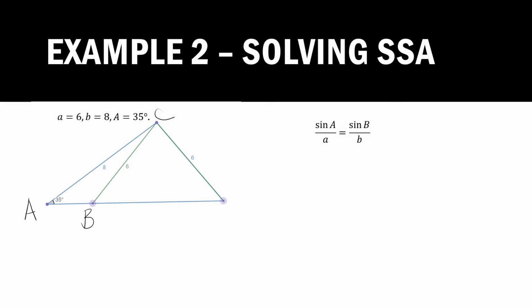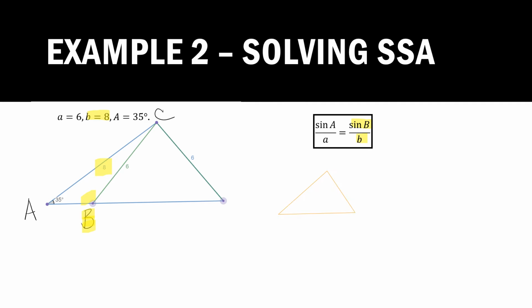So if I label these vertices A, B, and C, I see that b is equal to 8. So there's my angle B. I'm going to use this proportion, sine of A over a equals the sine of B over b.